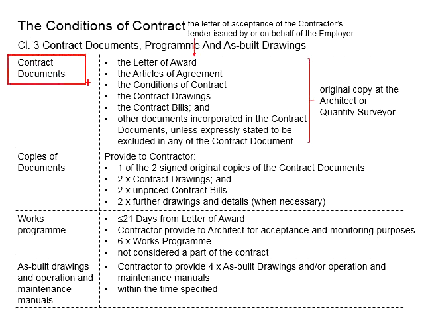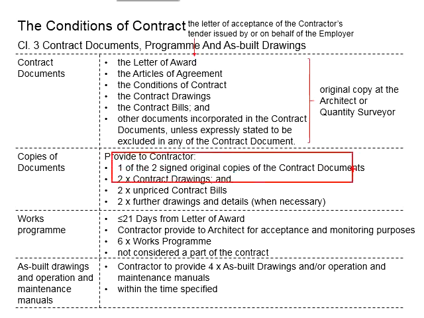This contract document must have an original copy available, which is normally kept by the architect or by the quantity surveyor. For the sake of contract administration, as well as future reference when needed, copies of the document will be provided to the contractor, which include one of the two signed original copies of the contract document.